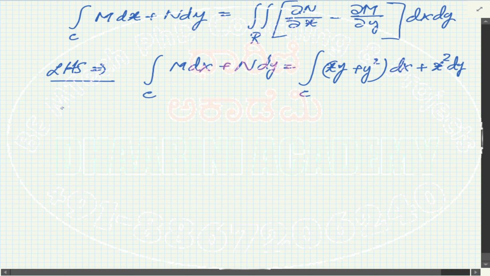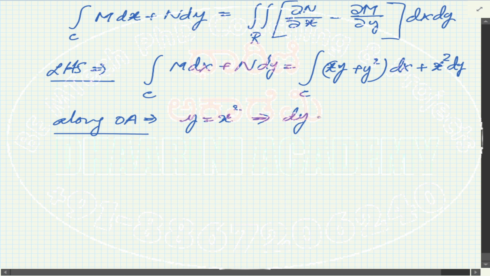So along the first half, let's do the integration, that is along OA. When I move from O to A, y becomes equal to x squared.